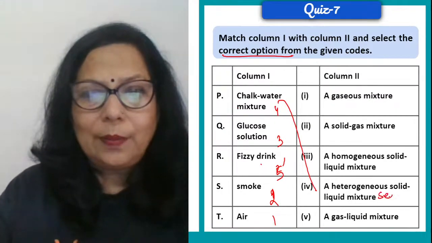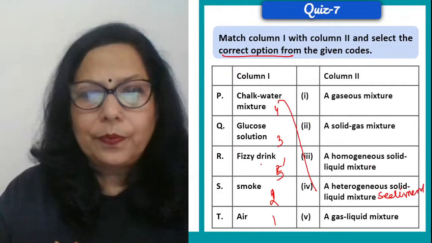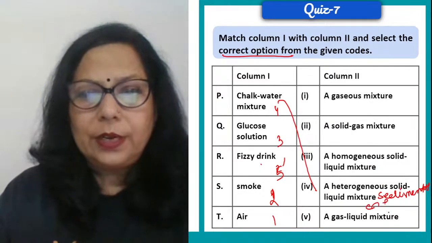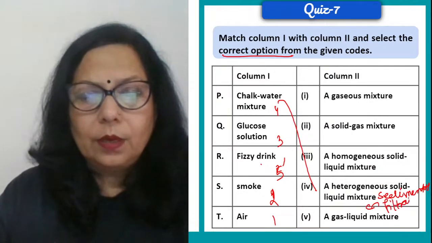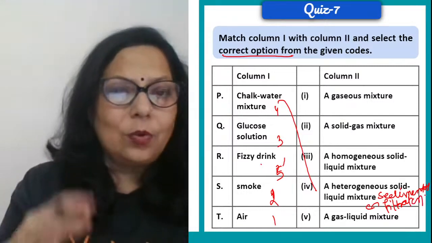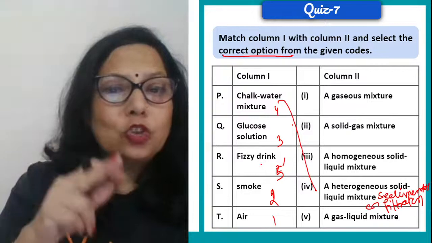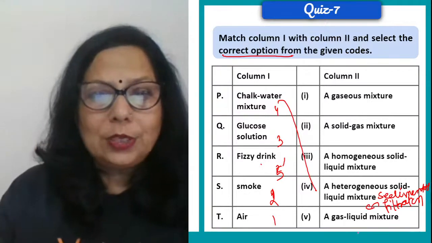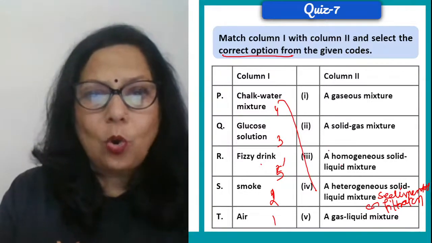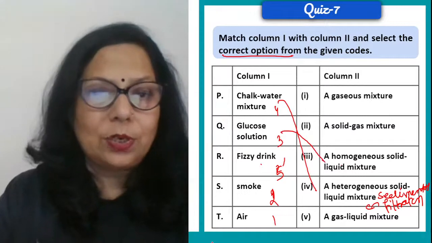By sedimentation or filtration. Right? Chalk will either settle down or be removed by filtration. Glucose solution, it's solid and liquid. So it is not a gas liquid mixture. It's a homogeneous solid liquid mixture.